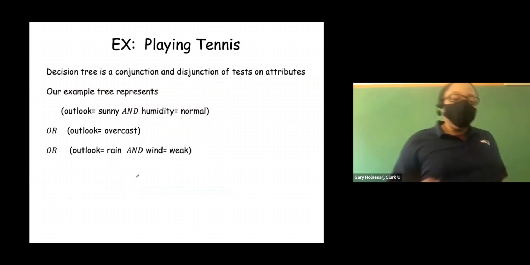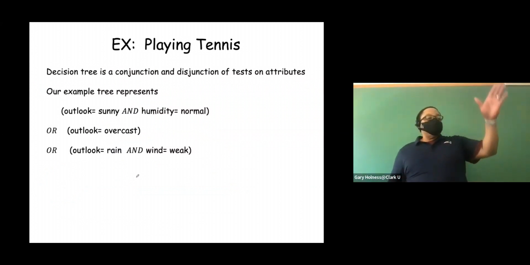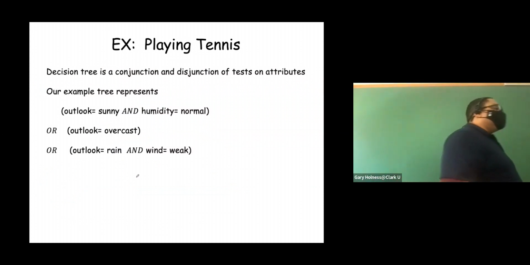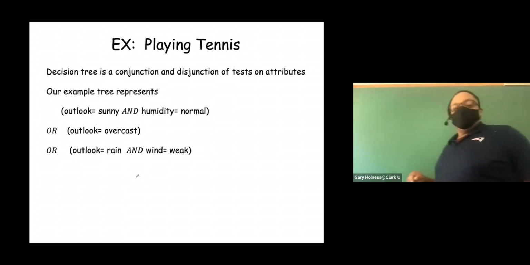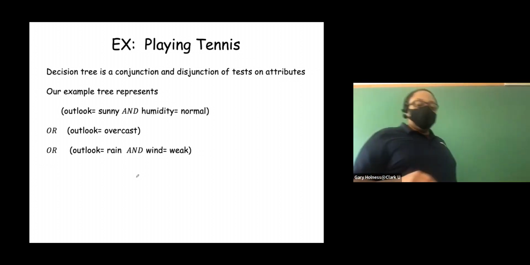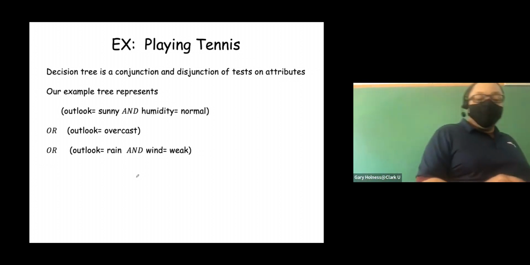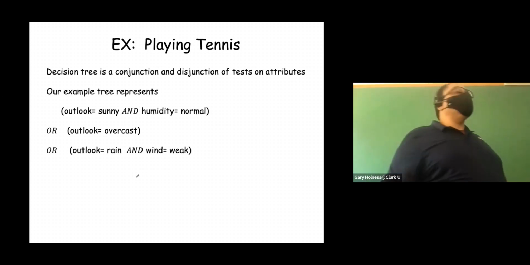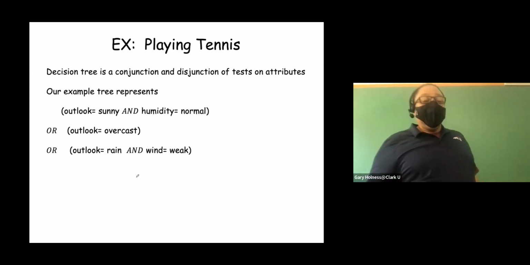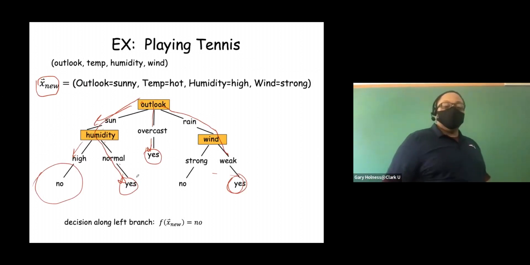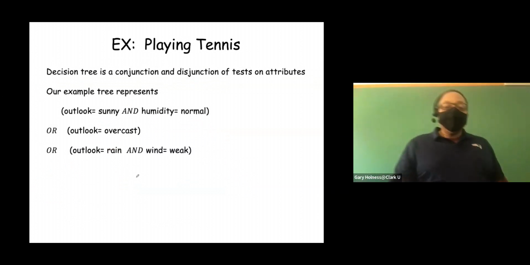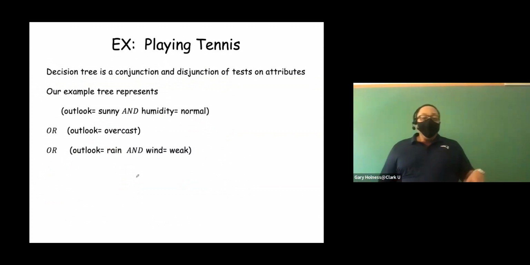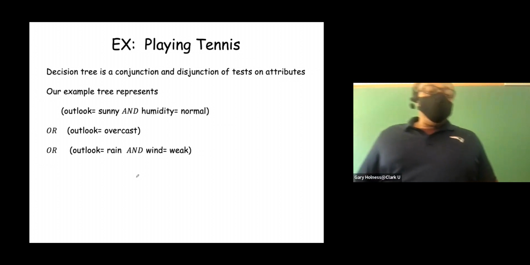And so if we do that, well, each one of those paths we traverse represents a conjunction, an anding, of all of the conditions associated with passing each of these tests. And we take each alternative, each individual path is ORed together, a disjunction. And so what this particular tree in the previous slide represents is the following logical formula. Outlook is sunny and humidity is normal.